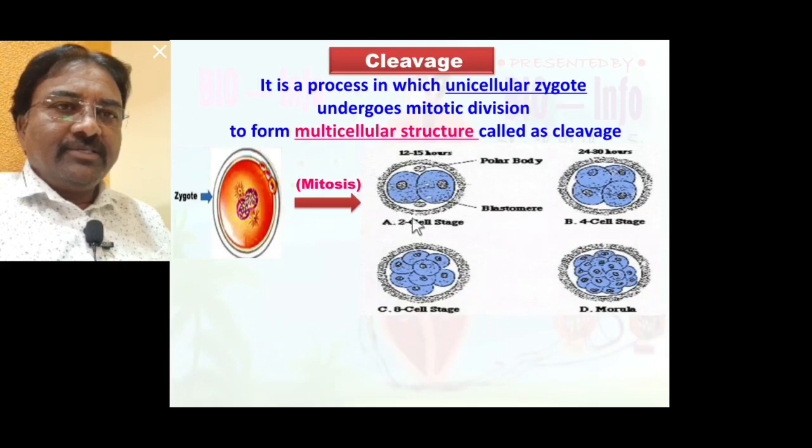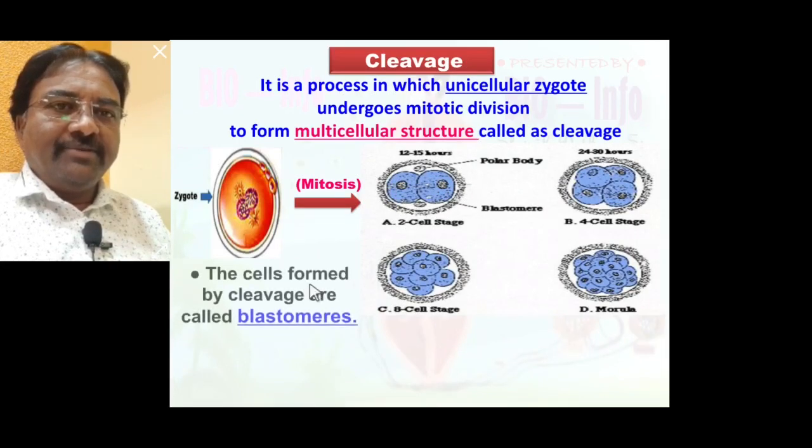In this 2-cell cleavage stage, each cell of the cleavage is called a blastomere. So here 2 blastomeres are formed from the zygote.